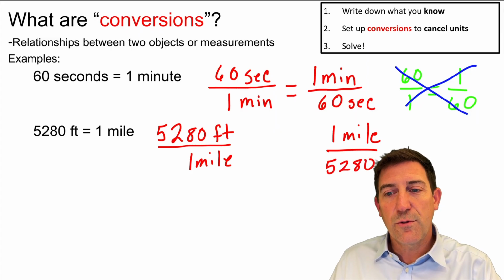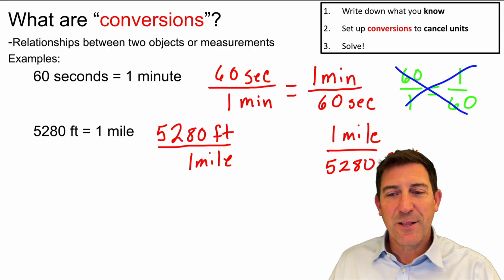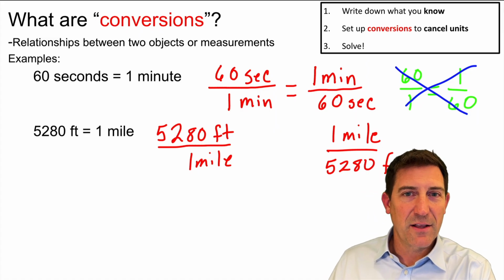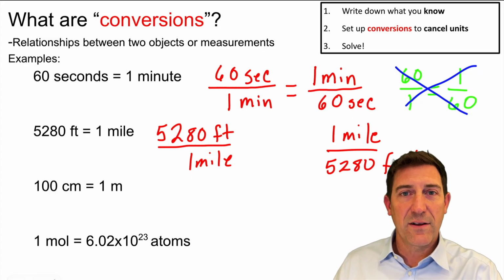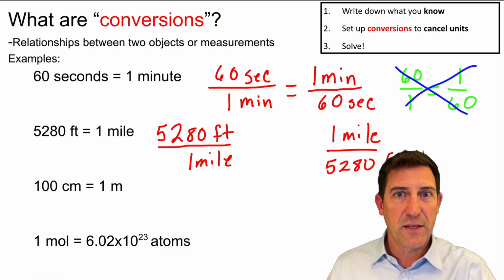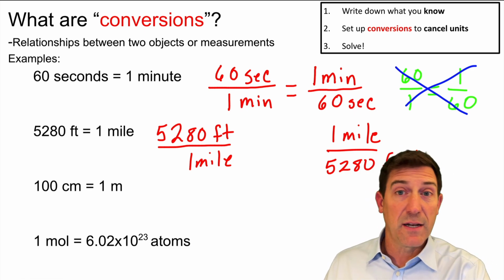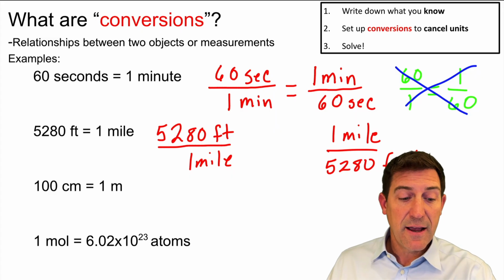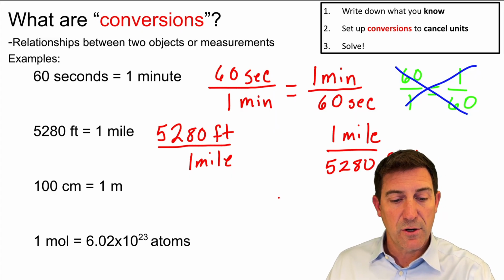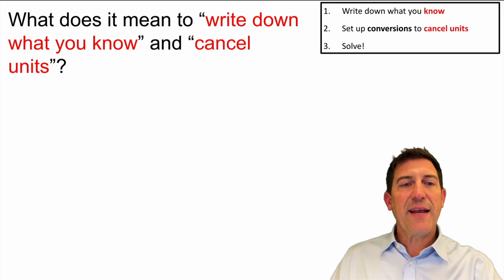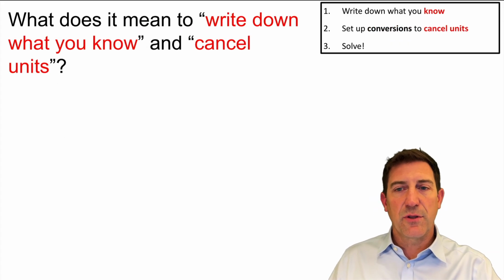And I'll walk you through this as we learn more and more about dimensional analysis. And you'll see these are the conversion things I need. In fact, we're going to get into some wild stuff that you probably don't know about yet, like converting between moles and atoms and molar mass and all the really important things we need to know to be able to do chemistry.